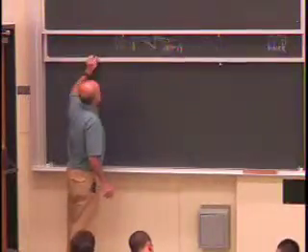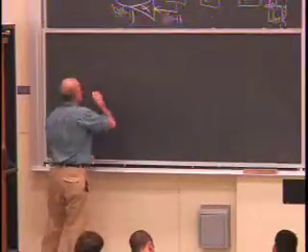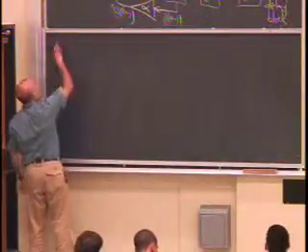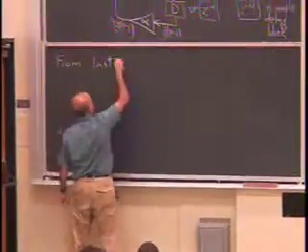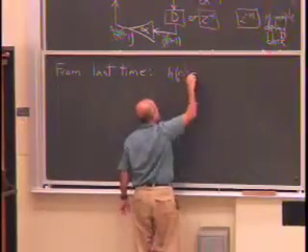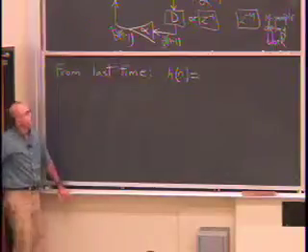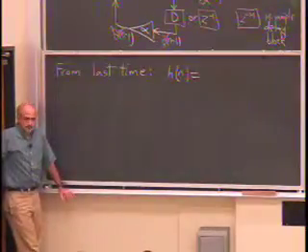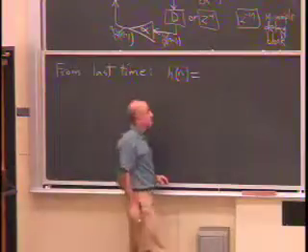Let's review where we were. We had figured out the impulse response for this system from last time. What was the impulse response, for those of you who take notes or have good memories? Zero for n less than 0.